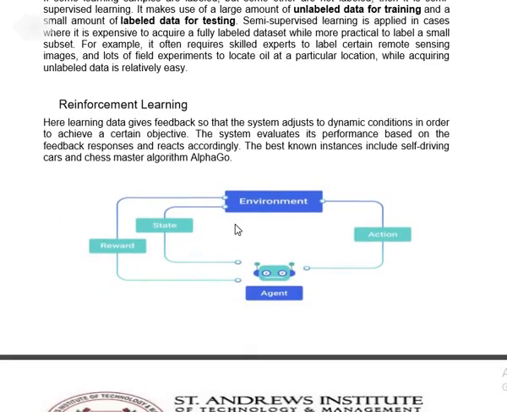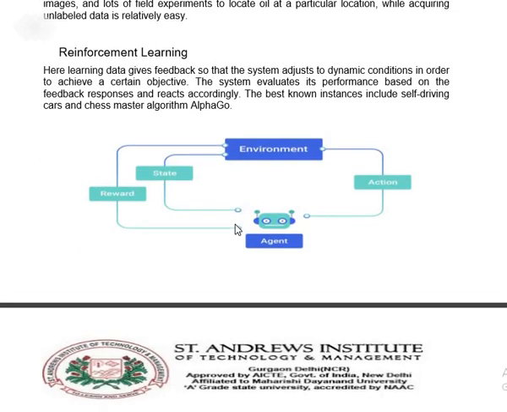Now the next part is reinforcement learning. In reinforcement learning, the learning algorithm is evaluated by taking different kinds of feedback from the same intelligent system body. Let's say we have an agent, and it takes an action or activity within an environment where the state changes.